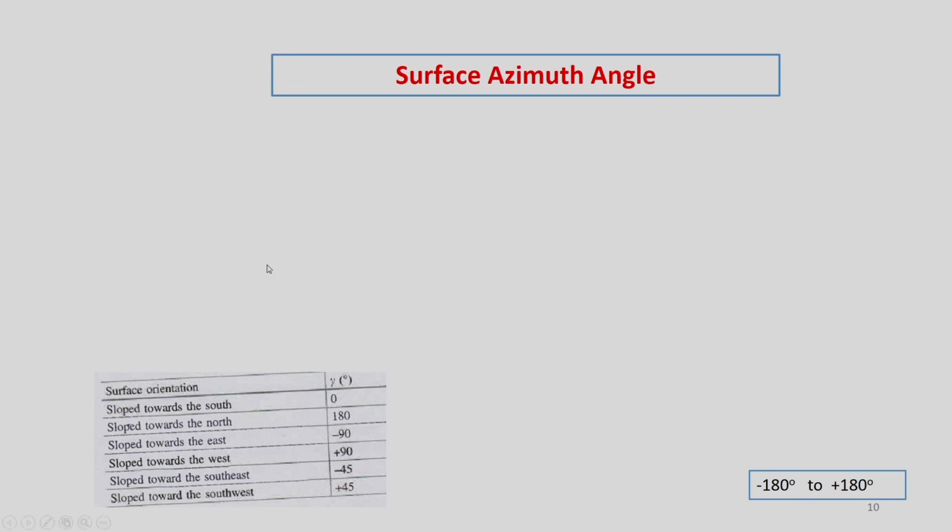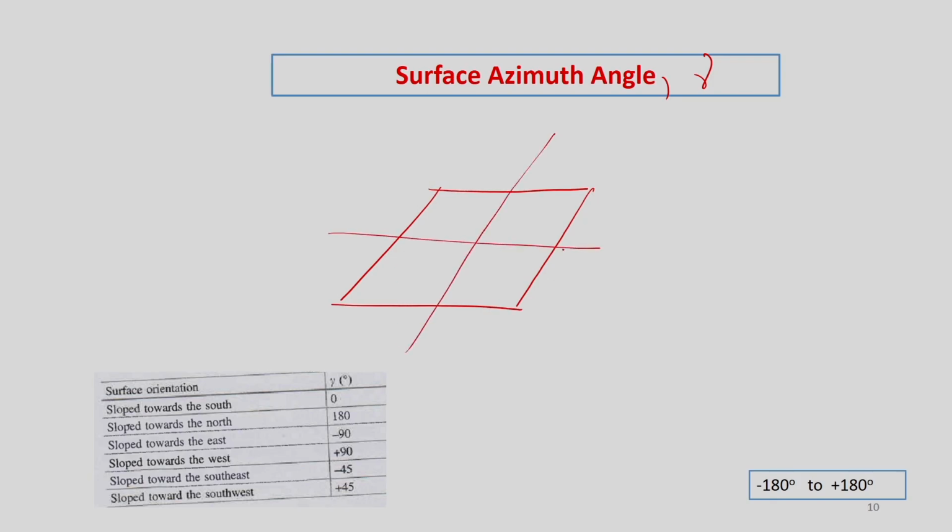Now, let us learn about the surface azimuth angle. This azimuth angle is important because most of the time we will be dealing with this gamma, and this gamma is nothing but the surface azimuth angle. So, this is related to an inclined surface. Let us make a horizontal surface, and maybe we can have this kind of inclined surface. Maybe this angle is beta.